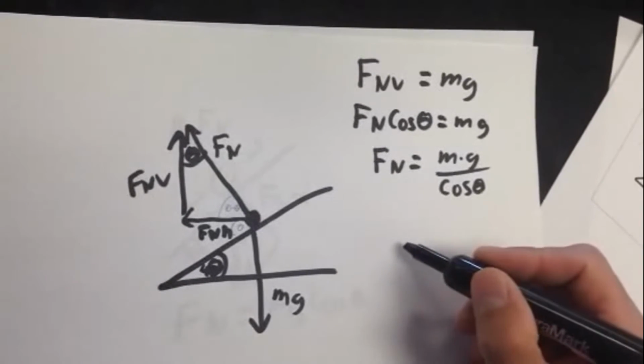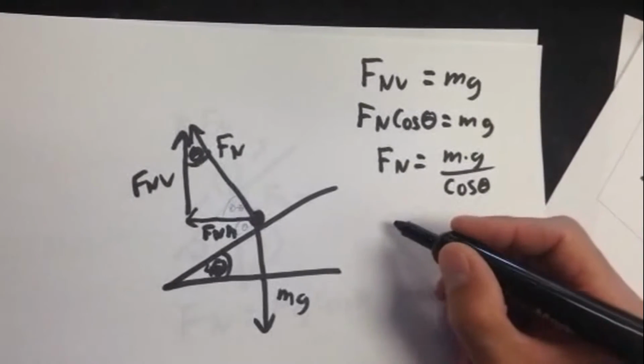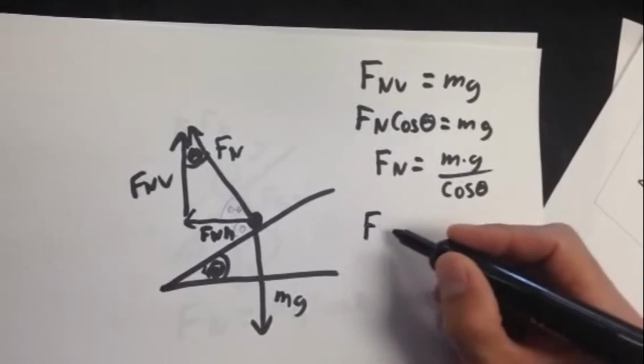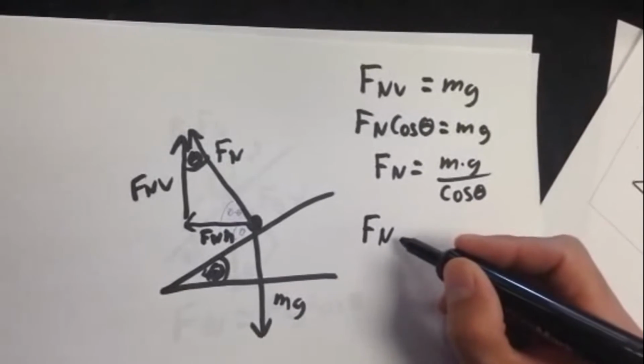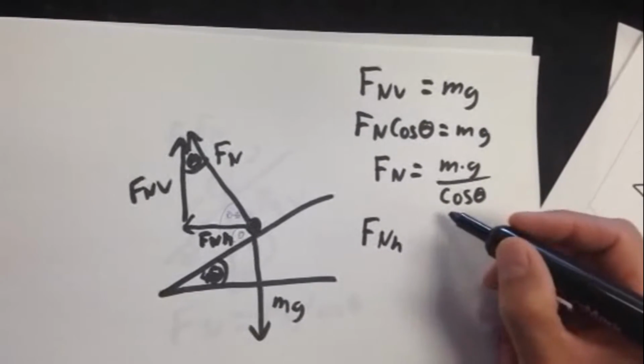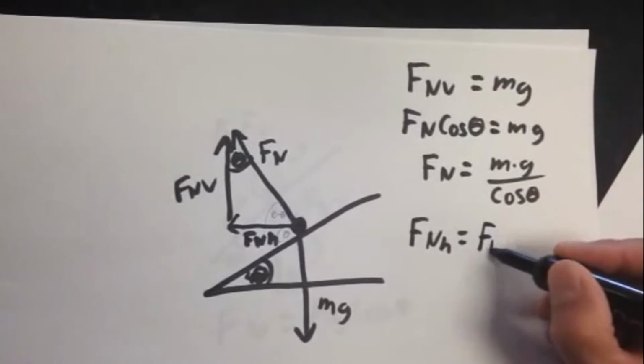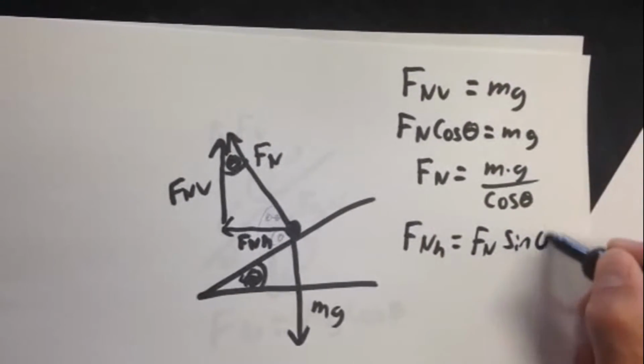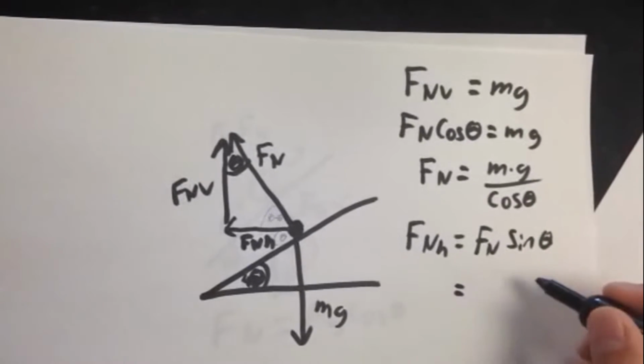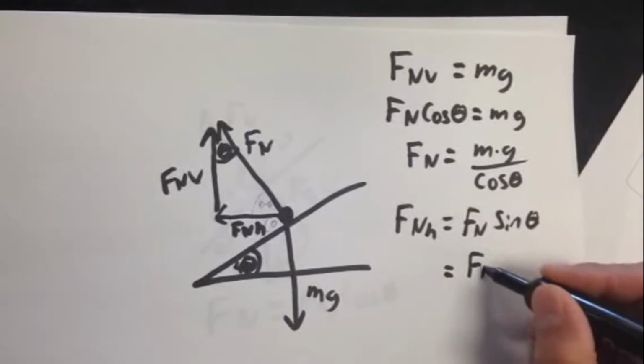From here on in, we've got that the normal force's horizontal component is going to simply be the normal force times the sine of theta.